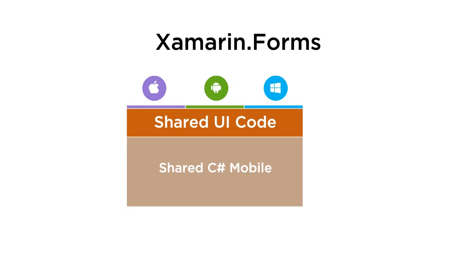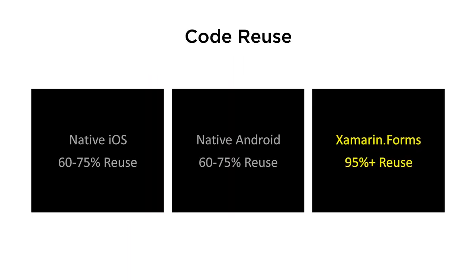Let me emphasize that whether you use Xamarin Native or Xamarin.Forms, what's produced is 100% native code. So on iOS, the output is going to be indistinguishable from what you would have written using Objective-C. And similarly, with the Android part of Xamarin.Forms, the output will be indistinguishable from what you would have written in Java.